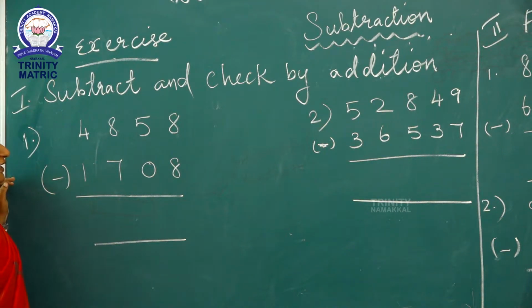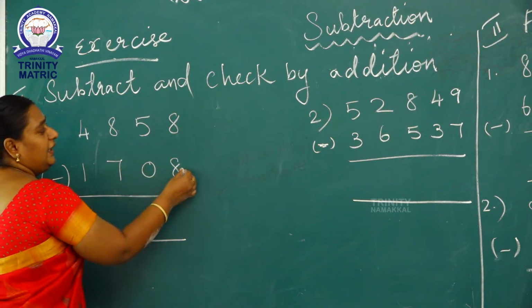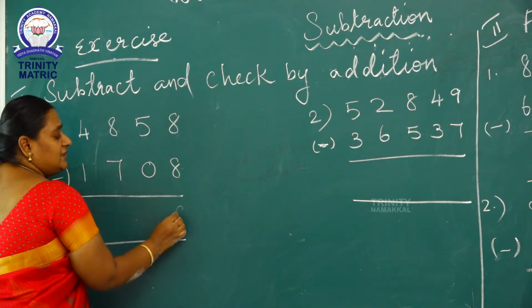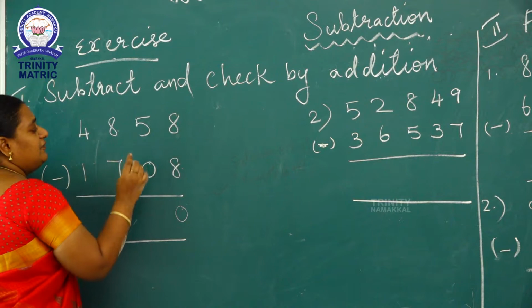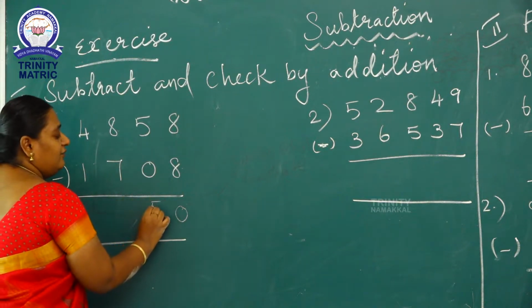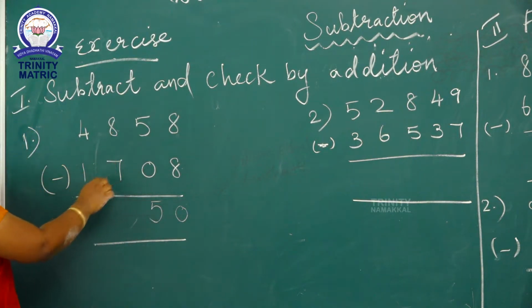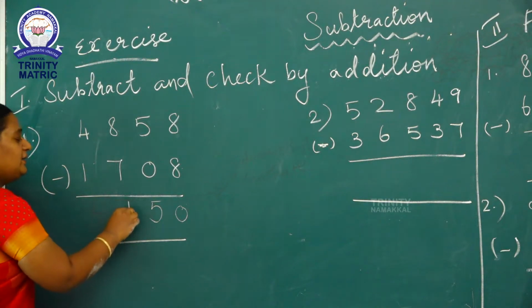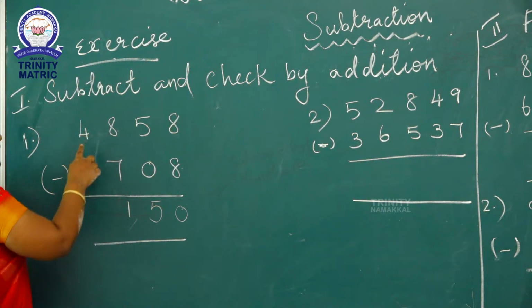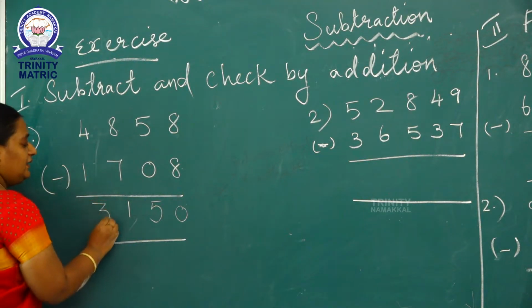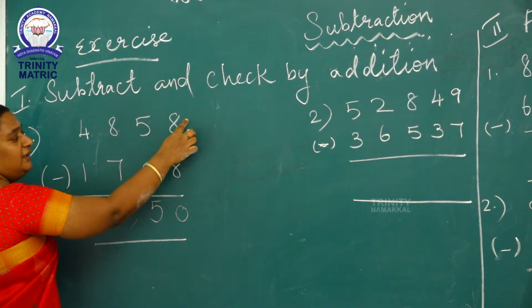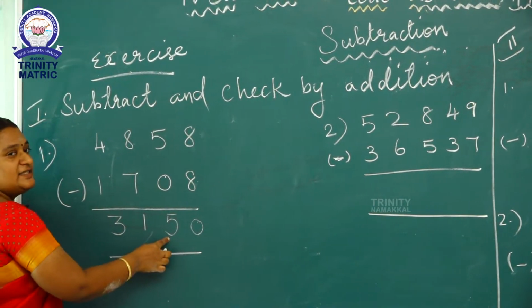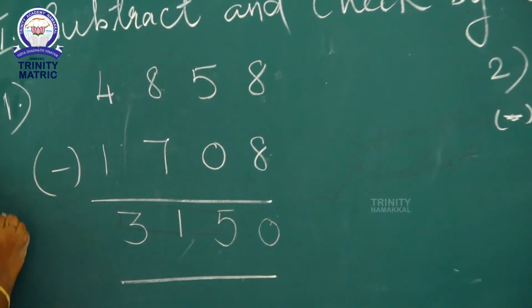You subtract: 8 minus 8 is 0, and 5 minus 0 is 5. 8 minus 7 is 1. Then 4 minus 1 is 3. As I told you, this is the minuend, this is the subtrahend, and this answer is the difference. So this is the answer.